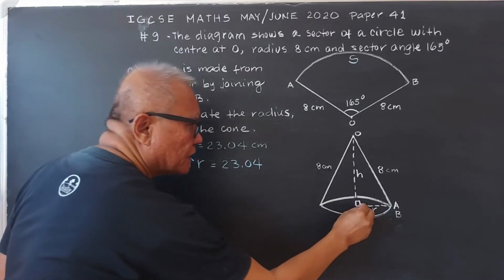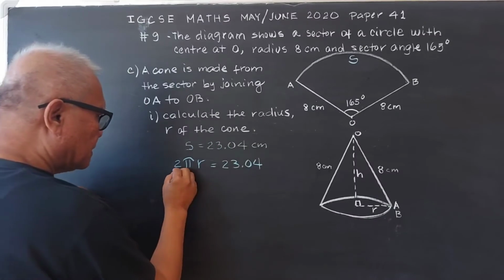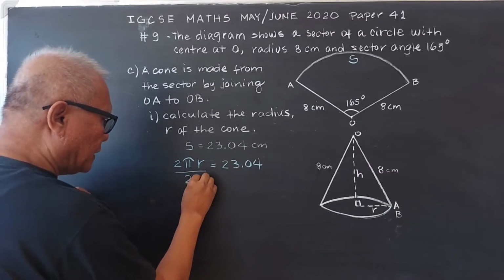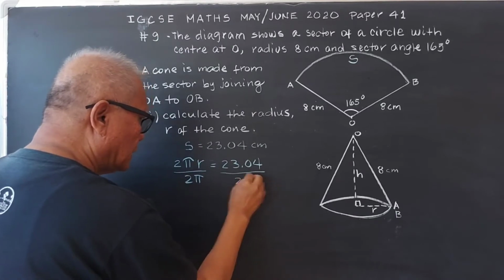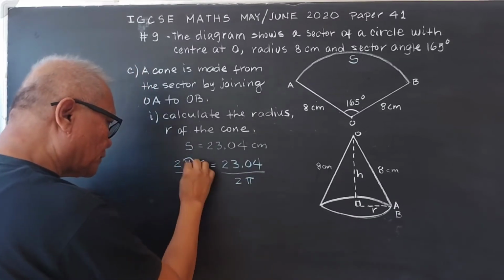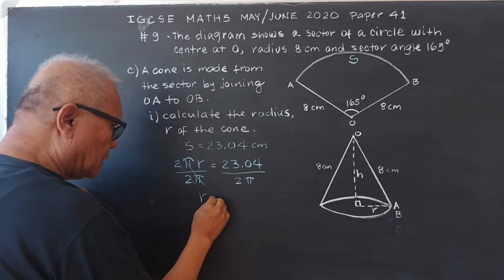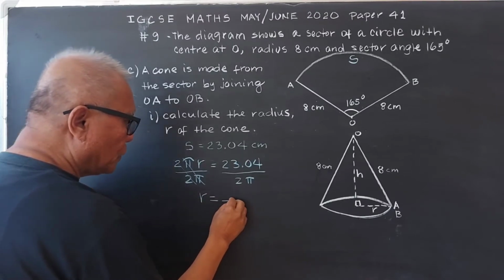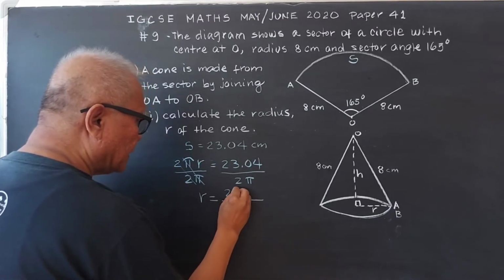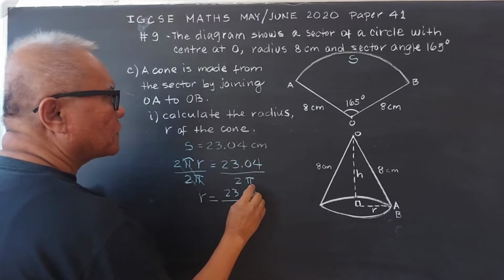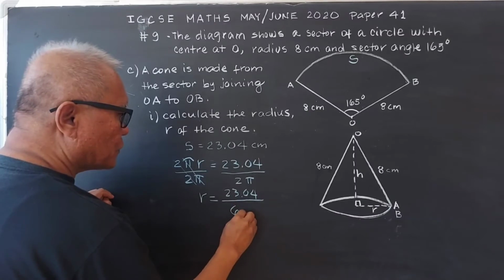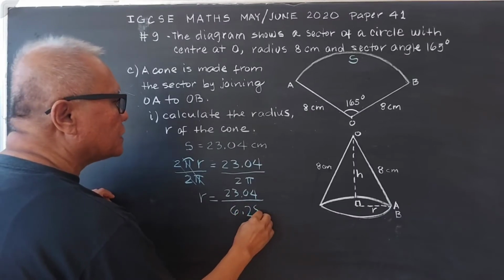To solve for this, we just divide this by 2 pi, divide this also by 2 pi, and our radius here is equal to 23.04 over 6.284.